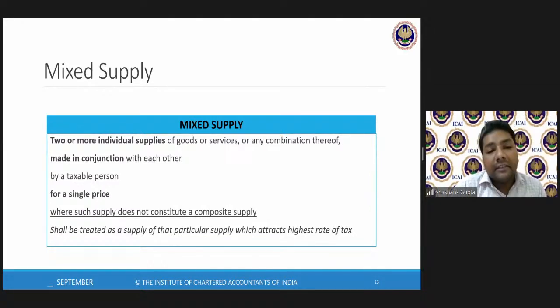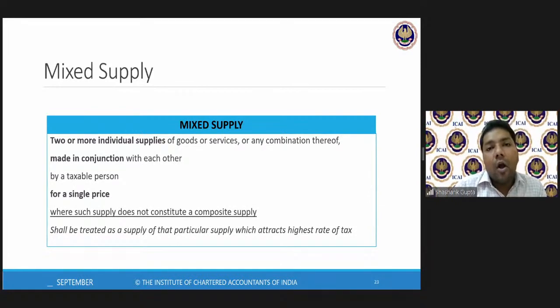Please remember, if the prices are distributed separately, like the example of servicing of cars, there is no need to come to mixed supply. Separately billed, separately charged tax, done. No need to come to composite or mixed. But you come to mixed when there is a combination of supplies for a single price and where such supply does not constitute a composite supply.